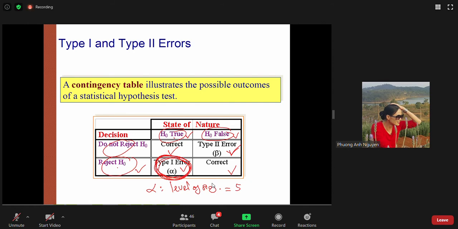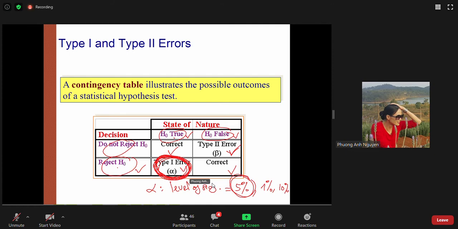Again, in practice, we like to be able to control the probability of getting the type 1 error. We want it to be small via the level of significance, for example, 5%, because this case is more important to avoid.